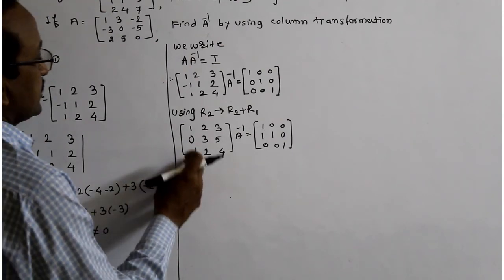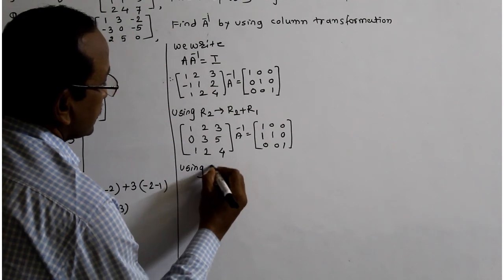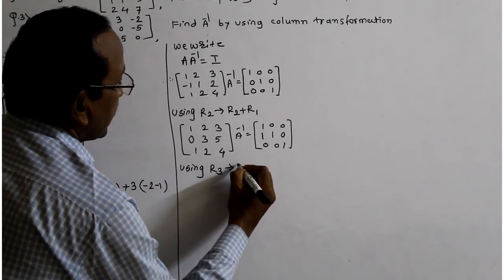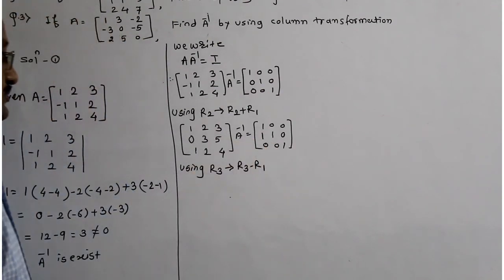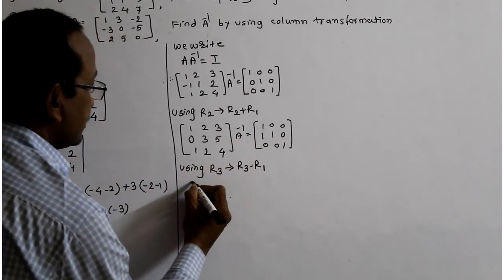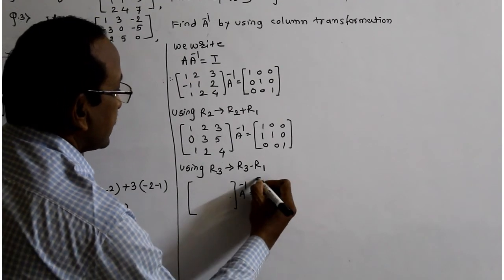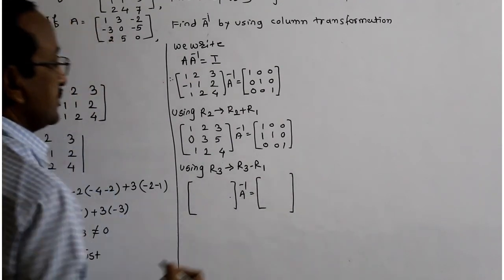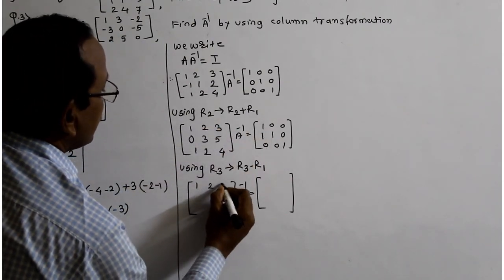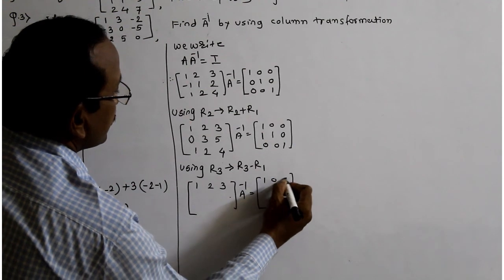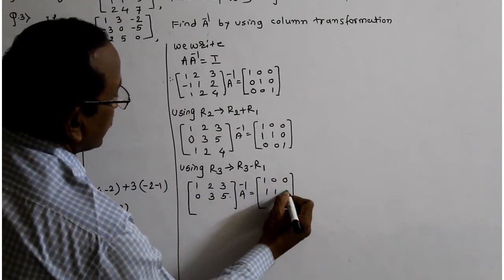Now to make the 0 here, we use the operation R3 implies R3 minus R1. Here the change is on the third row only, so the elements of the first and second rows stay as they are: 1, 2, 3, 1, 0, 0, 0, 3, 5, then 1, 1, 0.